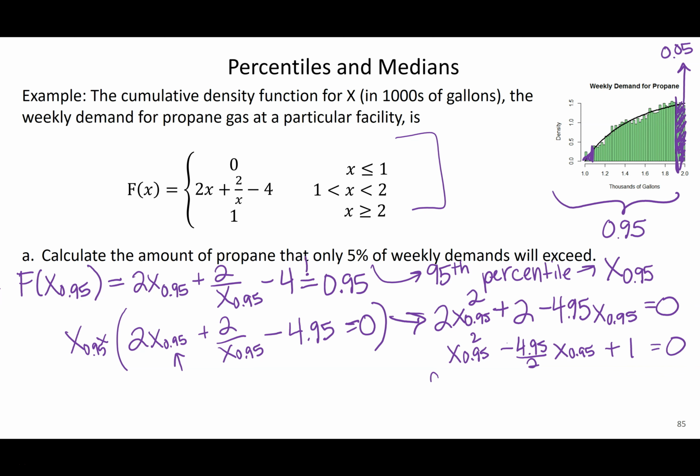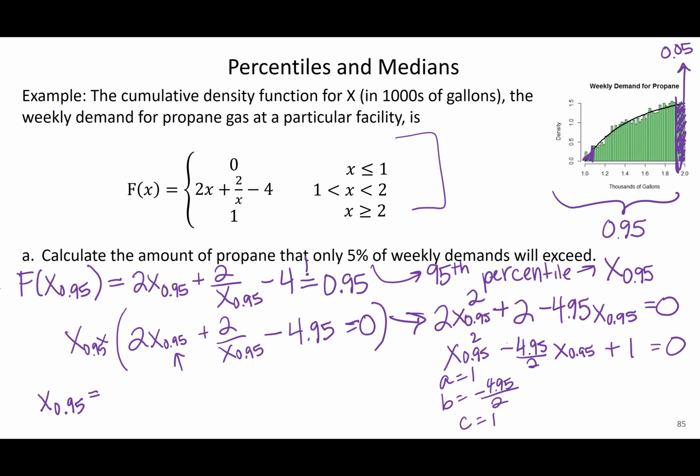So A is 1. B is minus 4.95 over 2. And C is also 1. So if I want to solve for x, it's going to be equal to that.